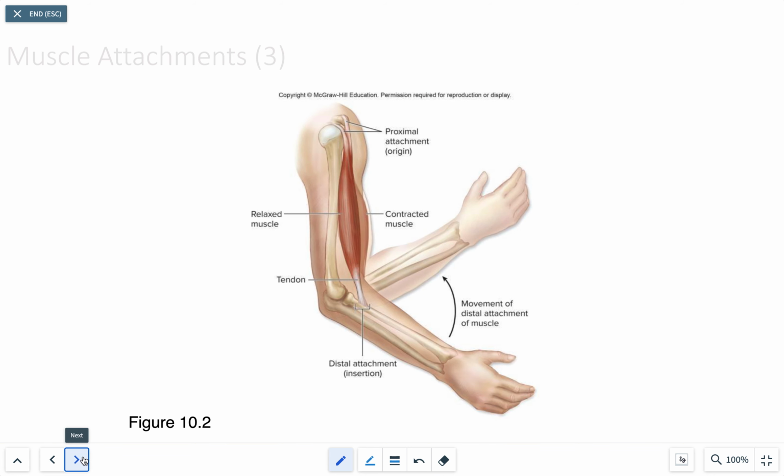So when we're looking at muscle attachments, at the end of the muscle attachment, we're going to see this white region right here. And this white region is all the connective tissues that we previously mentioned that form into a tendon.